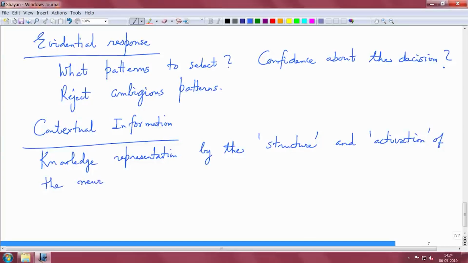We say a neural network has many neurons, and neurons are basically these nonlinear processing elements, and knowledge representation happens through the structure and activation of the neuron, for which you need contextual information. So what do we mean by contextual information, right?